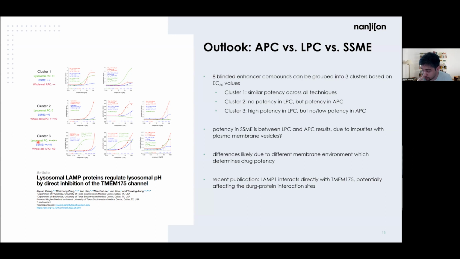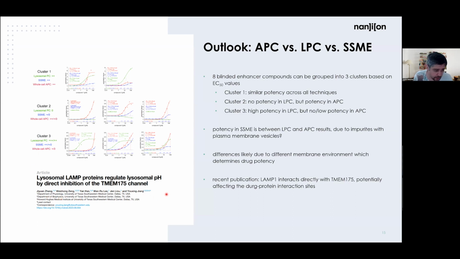Why can that be possible? Our first thought was, if a protein resides in a membrane and interacts with lipids that are only available in that target membrane, or also with other proteins that are only available there, the interaction sites of the compounds will change, right? So that could have a major effect.